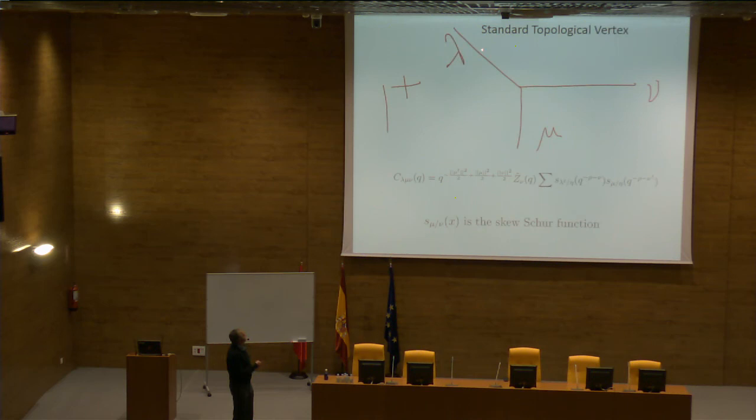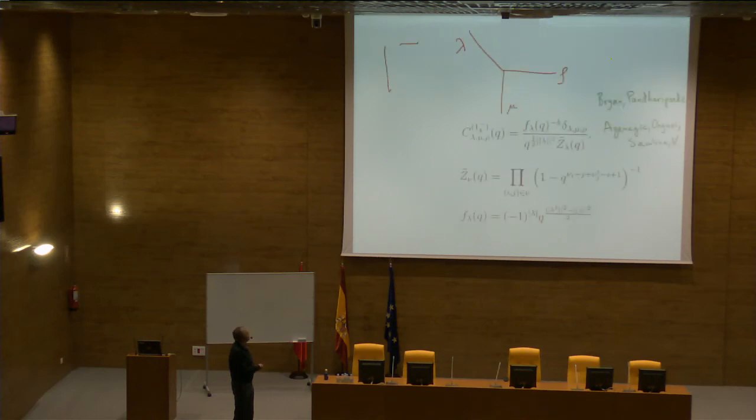For the standard topological vertex, we have an amplitude known in terms of the Schur functions. And for the mirror one, it was already proposed a while back by mathematicians and studied by physicists as well. You get a formula related to the amplitude for the 2D quantum Yang-Mills amplitude. So it's much simpler than the usual vertex.